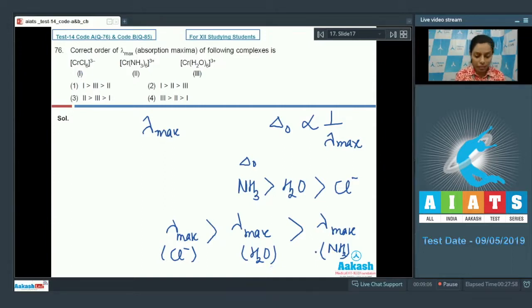So we can simply say in this case the Cl is there in the first compound, so first, after that H2O as the ligand that's present in the third complex ion, and after that the second one. Where this order is given 1, 3 then 2, that order is correctly given in option number 1. So on that basis you can simply choose option 1 as your correct answer.